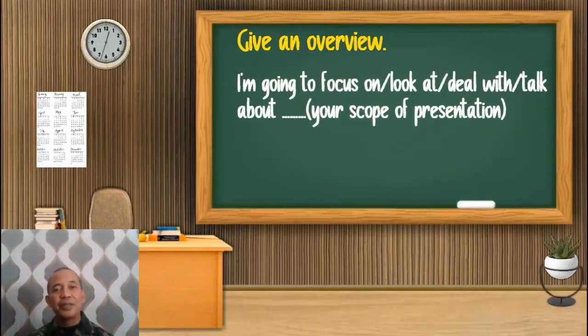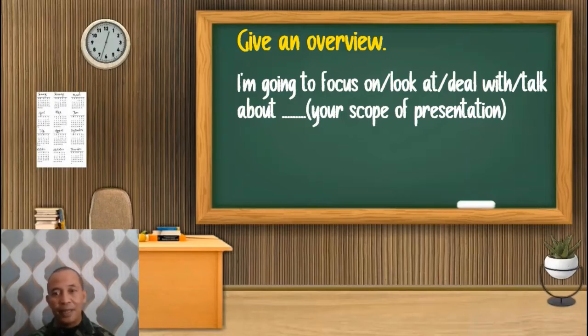To do that, we usually say: I'm going to focus on, and then you tell about all of the scope that you have. You can say I'm going to focus on, or you may say I'm going to look at, or you may say I'm going to deal with, or you may say also I'm going to talk about. So remember, they have just the same meaning and they are interchangeable.